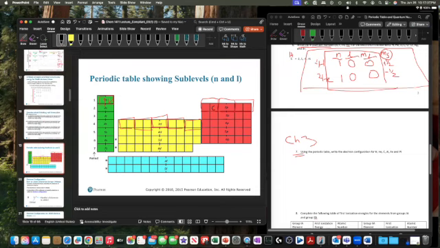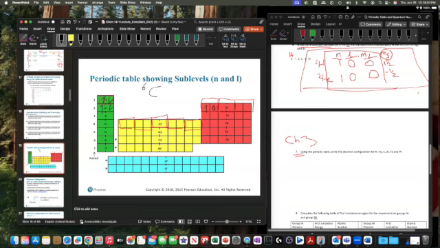So the carbon being right there, we're going to write the configuration talking about where the electrons are placed until we get to carbon. Carbon has 6 electrons, right? So the first electron is going to be here, 2nd electron here, 3rd here, 4th here, 5th here, 6th here.